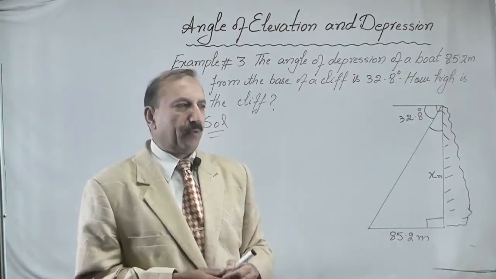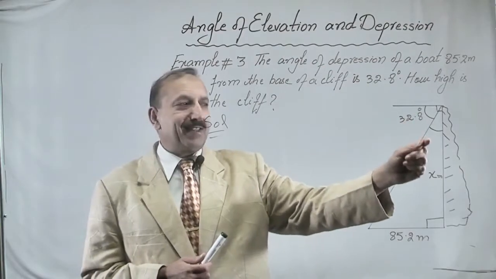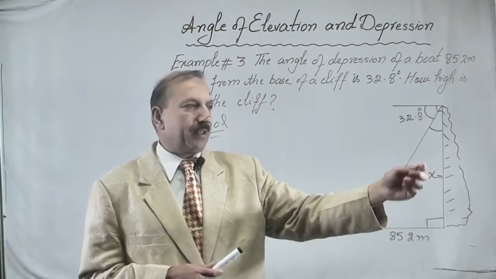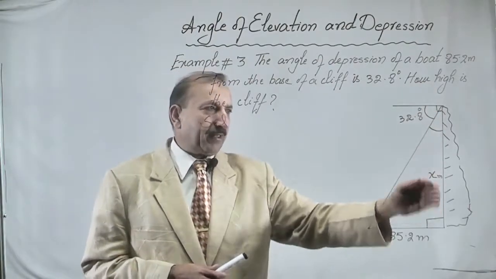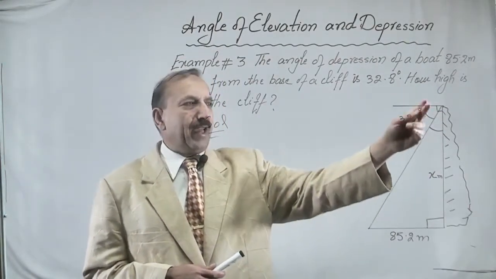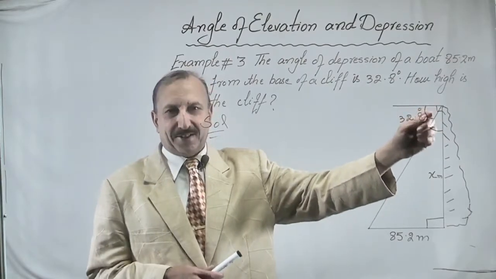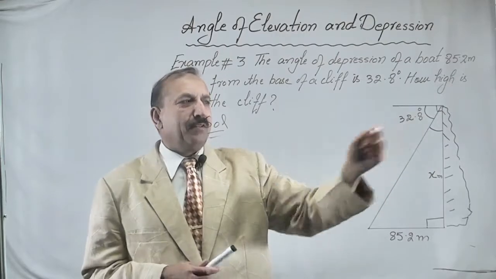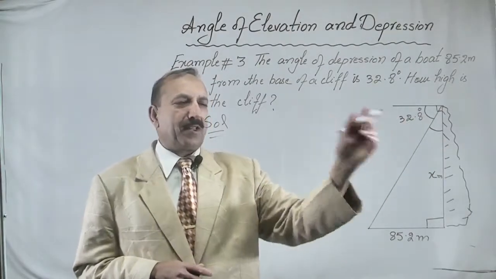What will we do? First of all, we will find this angle inside this triangle, as we need it to carry on the calculation. Now this is a vertical line and this is a horizontal line. The angle between these two is a right angle. We will get the angle inside the triangle by subtracting this angle from 90.